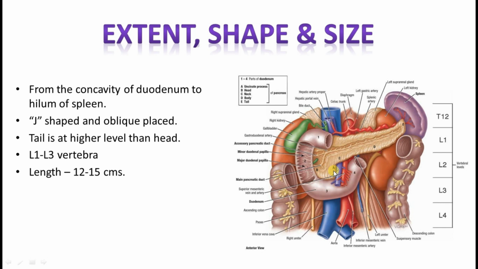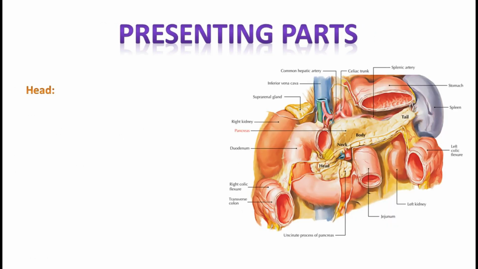Its length is approximately 12 to 15 centimeters and it weighs around 80 to 90 grams. Now coming to the presenting parts. So far we have seen what the pancreas function is, where it is situated, under which abdominal region it comes, its extent, situation and location.